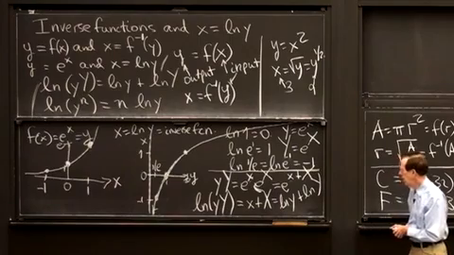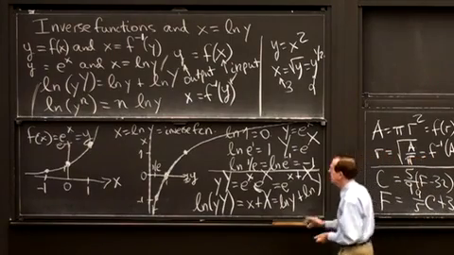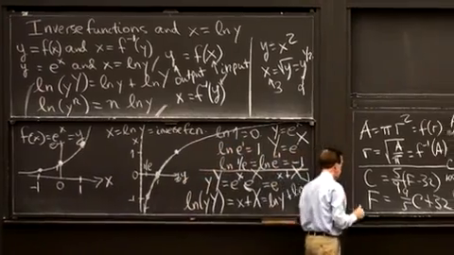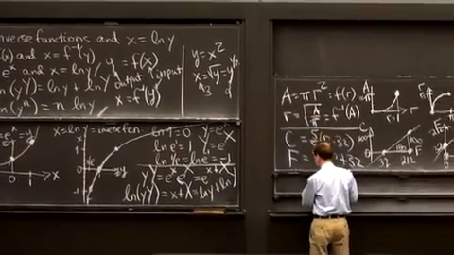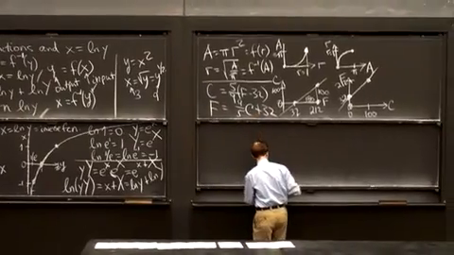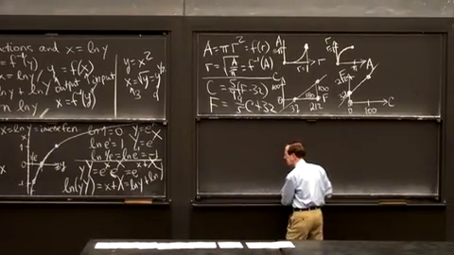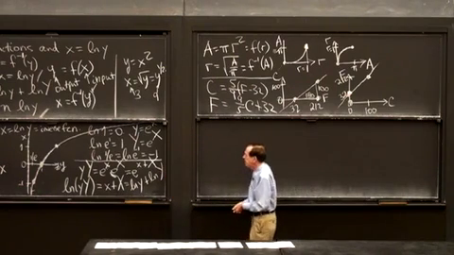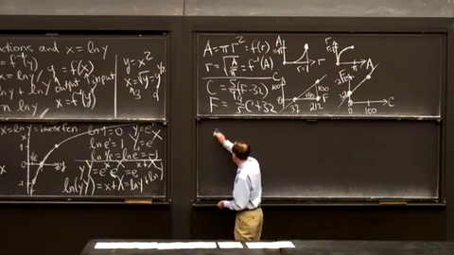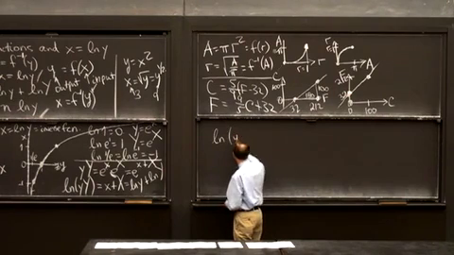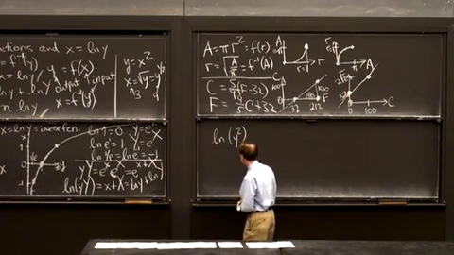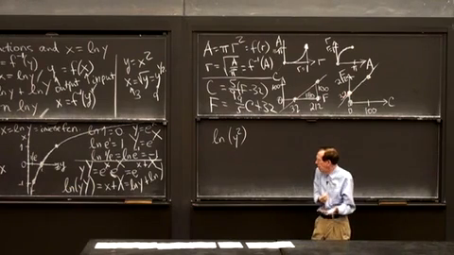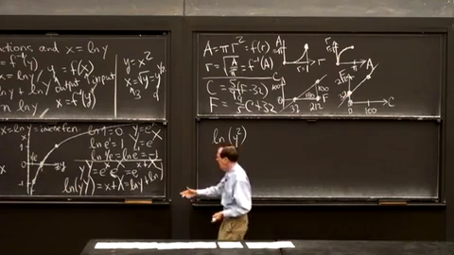Okay. Because this one is also important, let me not even give a proof, just because it's intimately related to this one. What would be the log of y squared? We're already here.